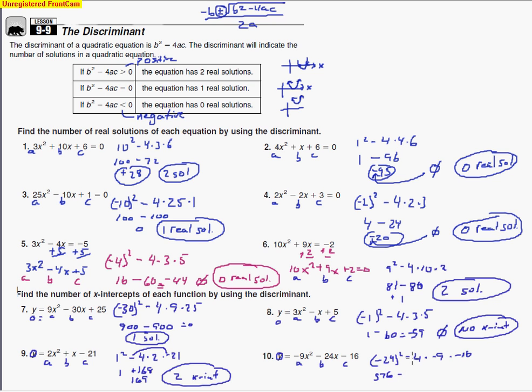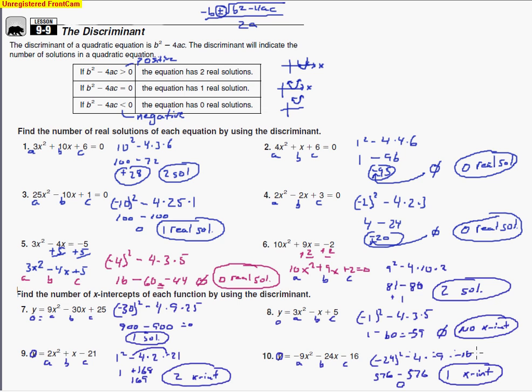And this is going to be a minus sign because count the negatives. 1, 2, 3 negatives. And so then we just do 36 times 16. And that gives us 576. Exactly the same number. So it's a negative. That means we subtract. We get 0. That means we have 1 x-intercept. So there it is.